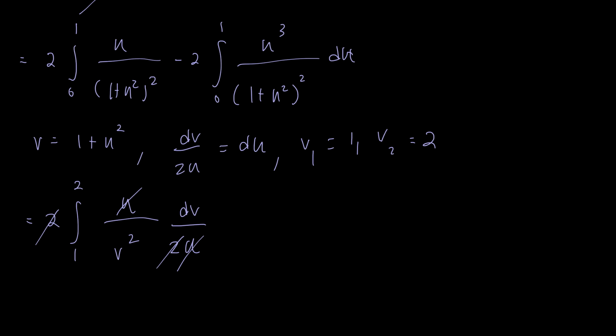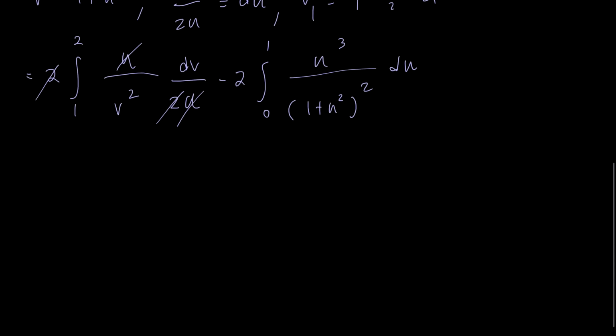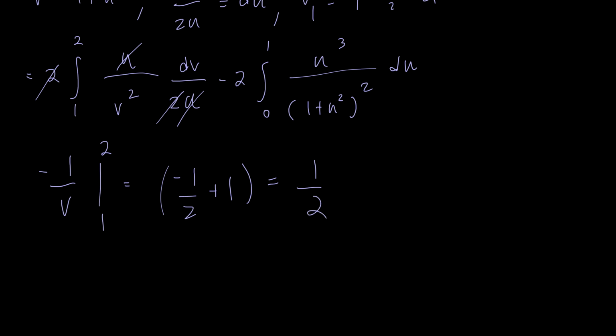And we still have this secondary integral, so we have minus 2, the integral from 0 to 1, u cubed divided by 1 plus u squared du. And this integral will end up being minus 1 over v from 1 to 2, which is negative a half plus 1, which is equal to 1/2.